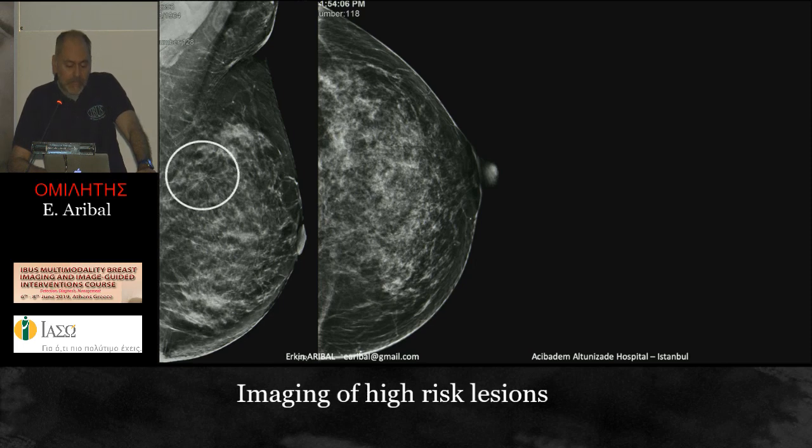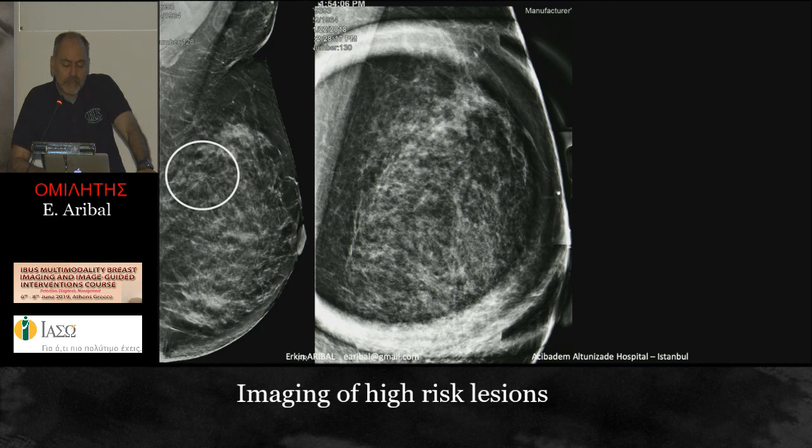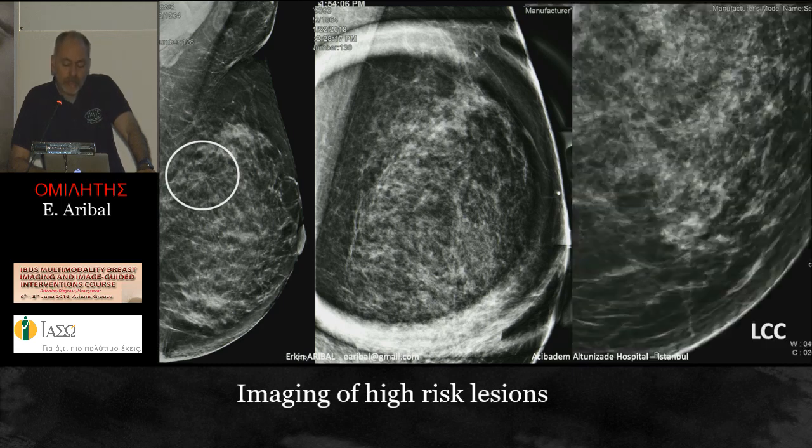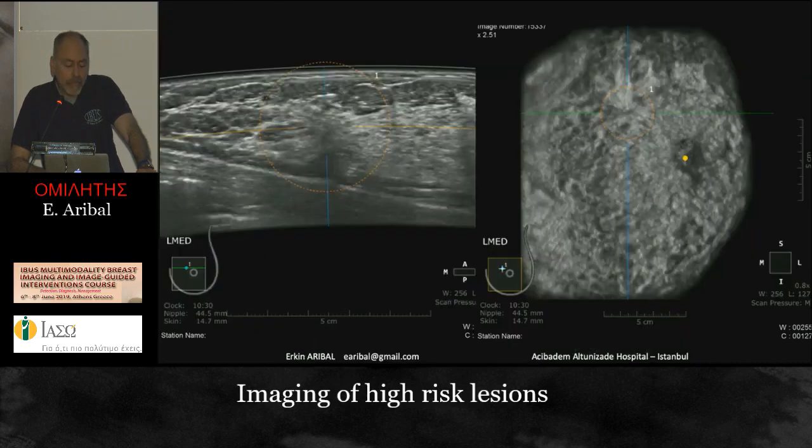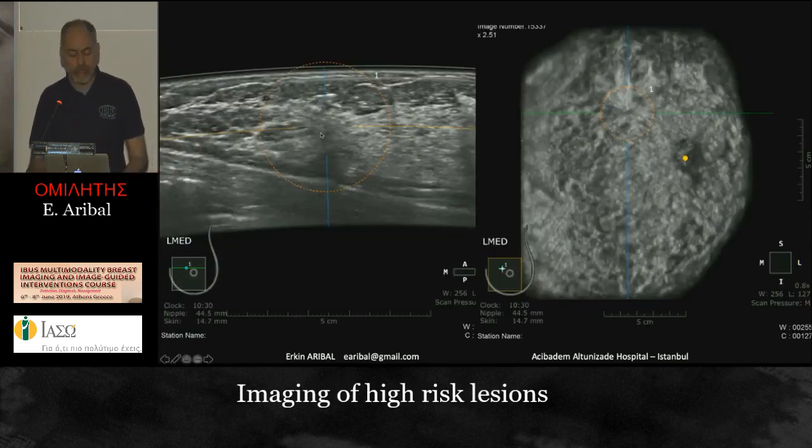This is another case. You see a distortion here, but the distortion was not found on the spot view, but it was on the CC view as well. And handheld ultrasound examination by a breast radiologist was normal. However, she had this distortion here on the ABUS view, here and here.